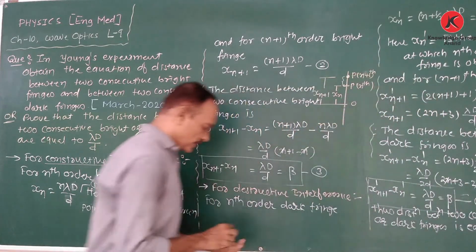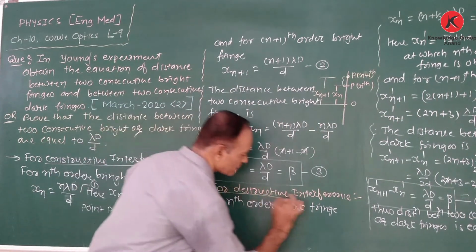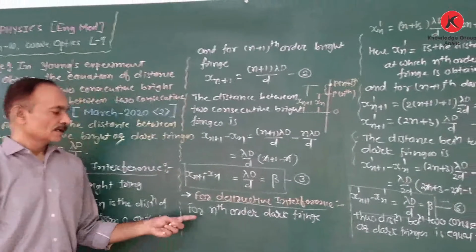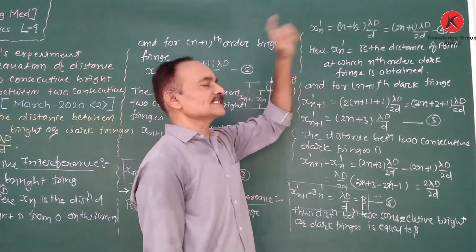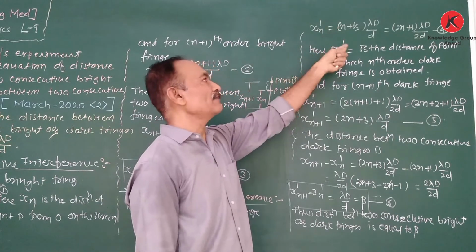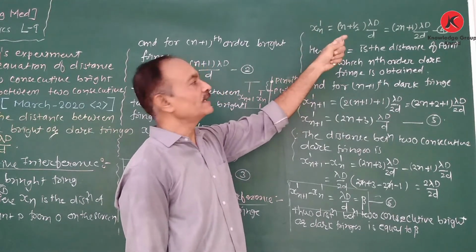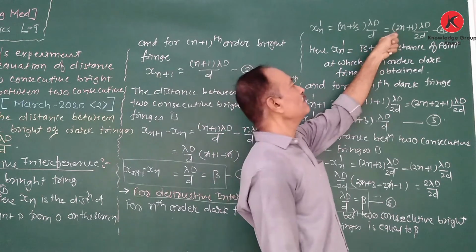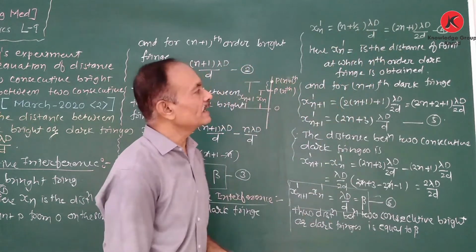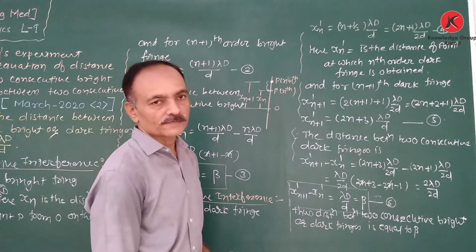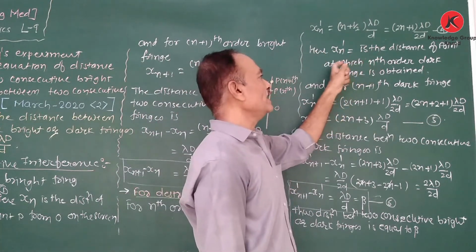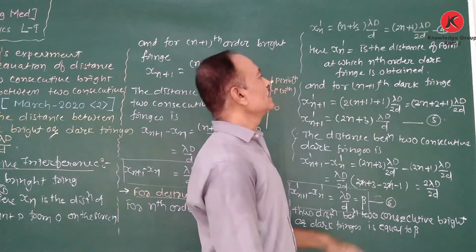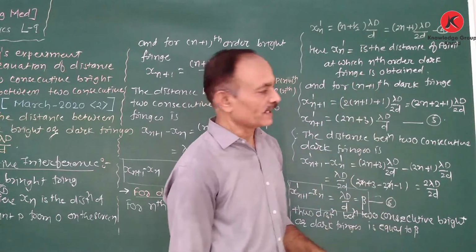Now, for destructive interference, that means for the dark fringes, for the nth order dark fringe, we directly accept xn dash is equal to n plus 1 by 2 into lambda D upon d, or 2n plus 1 into lambda D upon 2d, equation 4. Here xn dash is the distance of the point at which the nth order dark fringe is obtained.